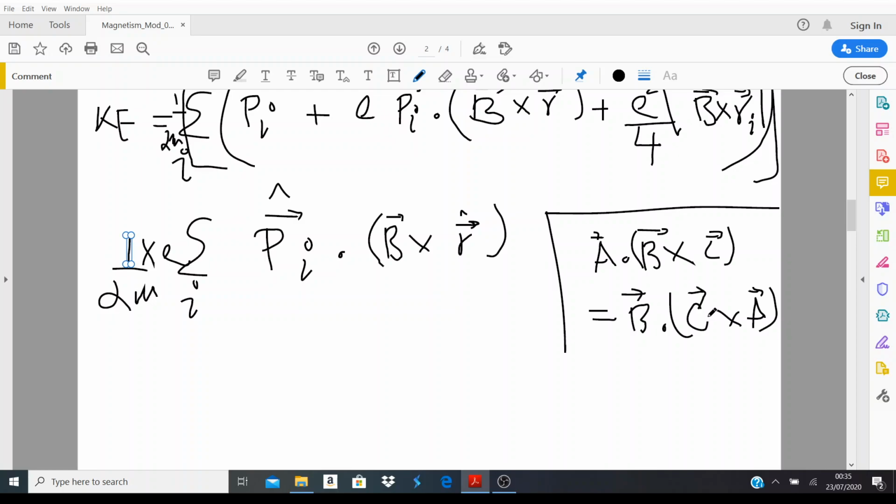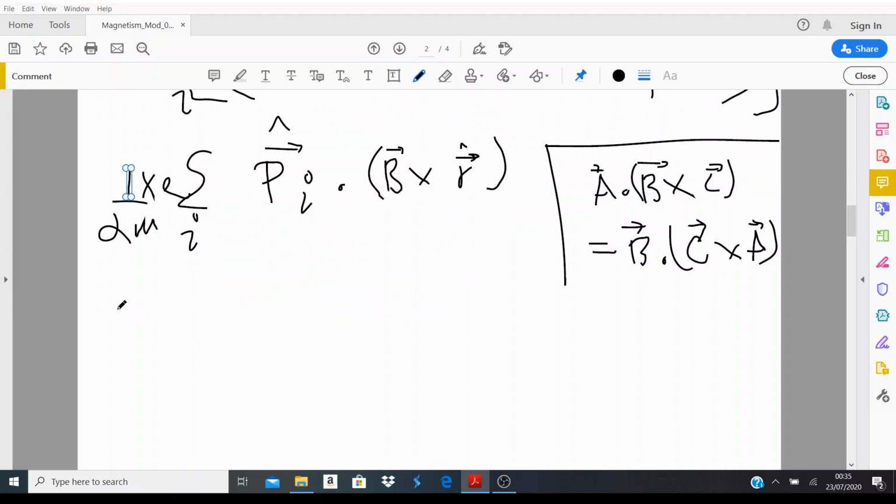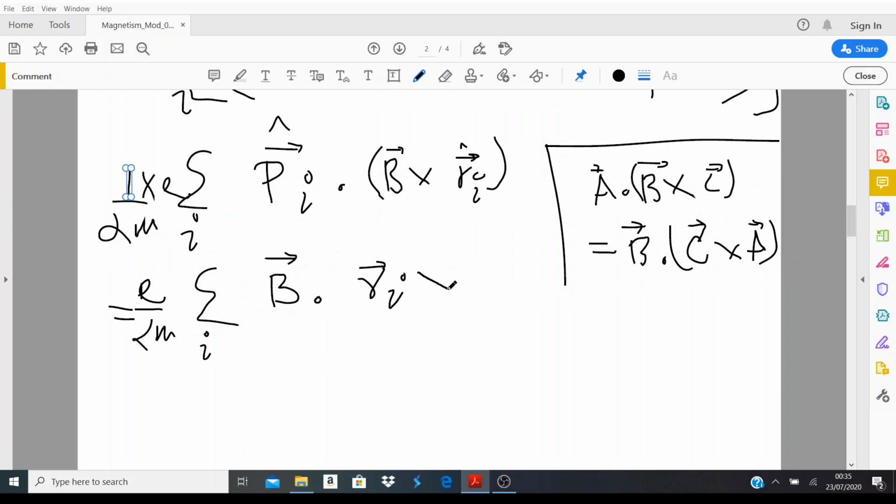If you apply this with these three as A, B and C, this quantity can be written as B dot r_i cross p_i.